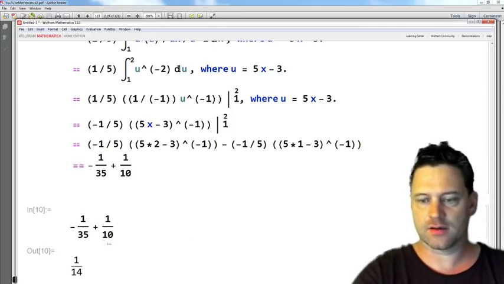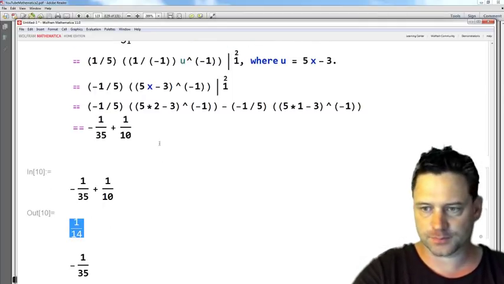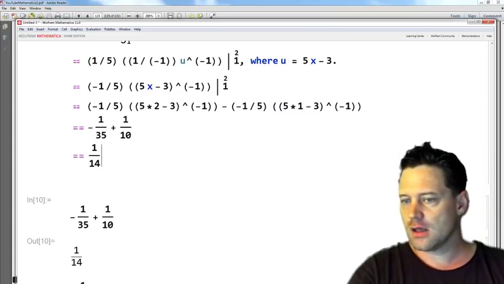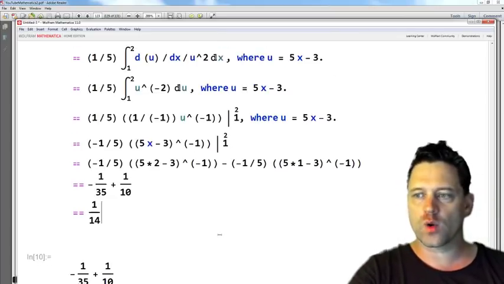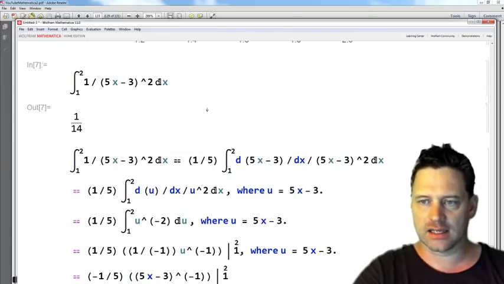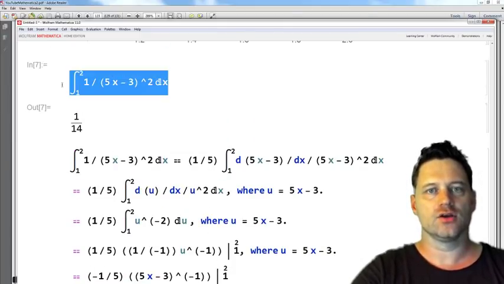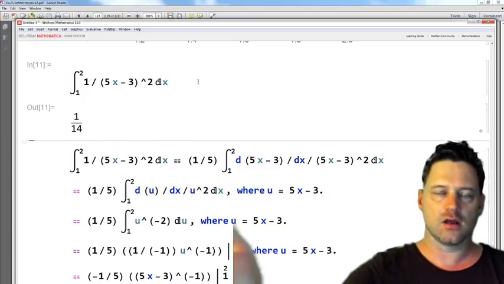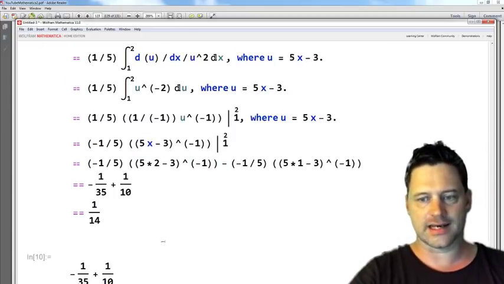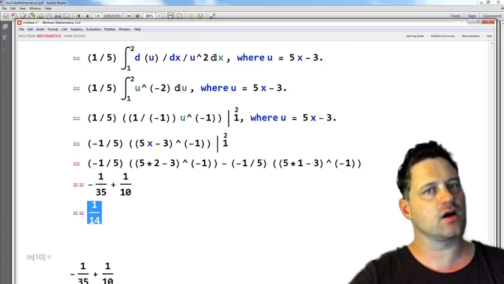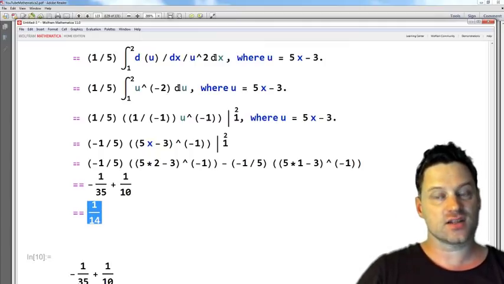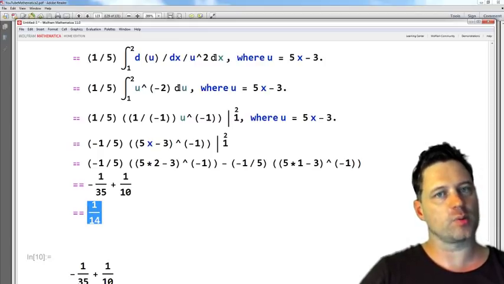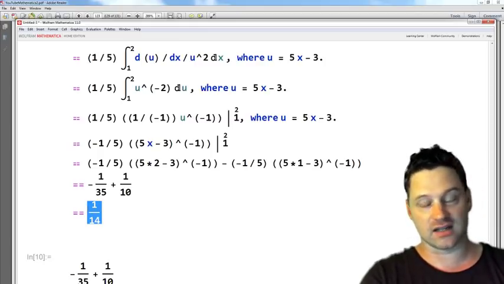What is that? It's 1/14. Now remember what we did when we calculated this using Mathematica first of all. I'll do that again, Shift Enter, 1/14. Down here, when we did all this by hand, we got 1/14. So these agree. That's great, because that means that we probably did the calculation correctly.